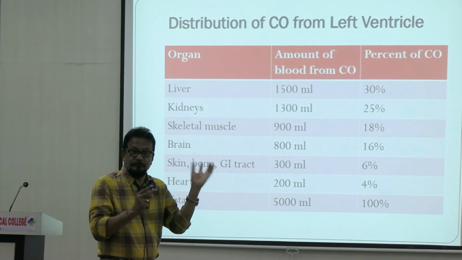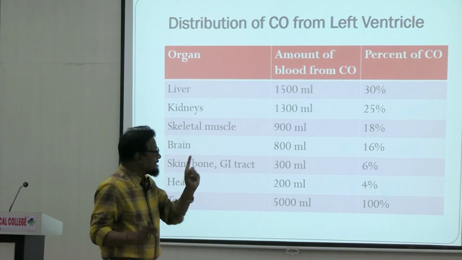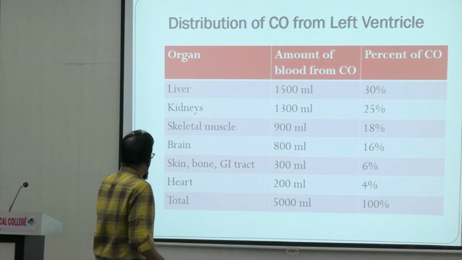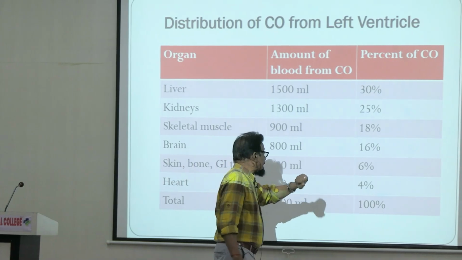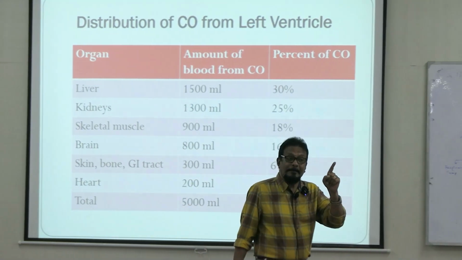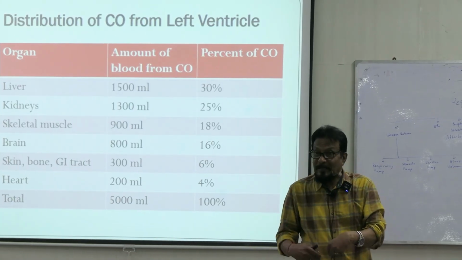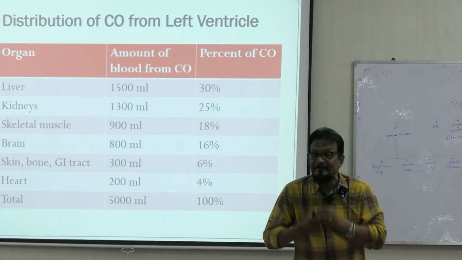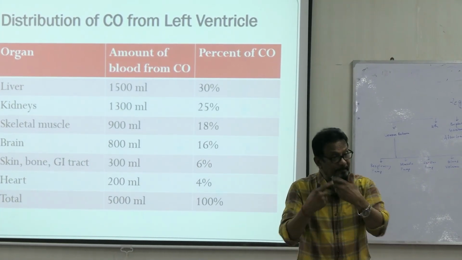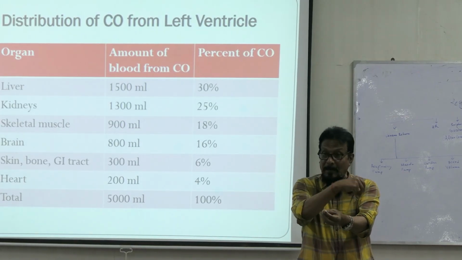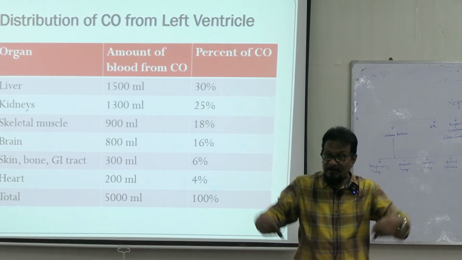How much each organ will be getting is described here. So heart gets 200 ml. Heart means in the coronary circulation, not in its cavity. So the heart has already ejected this 5 liters of blood, and part of this blood from the aorta is coming to the coronary circulation.